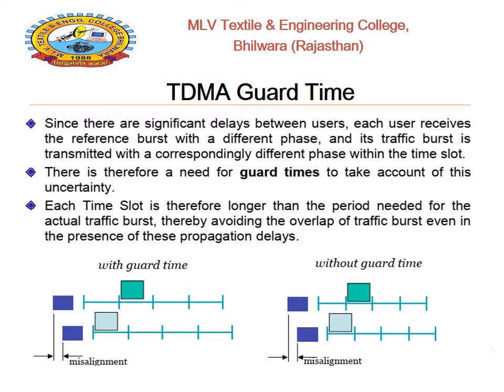When the guard time is not applied, there will be interference between the information of each slot. So to avoid interference between consecutive users, we have to use the guard time to provide for the propagation delay.